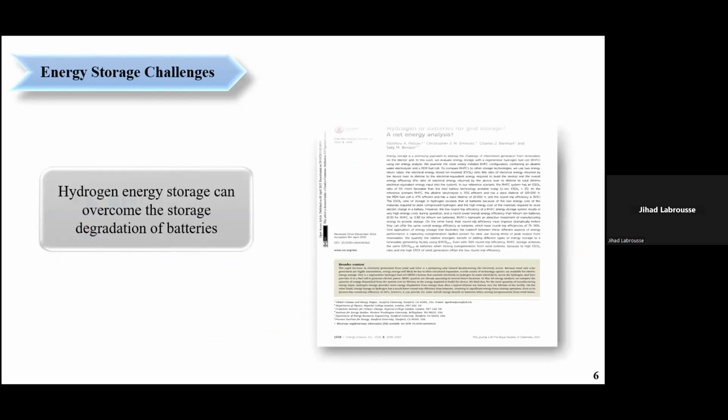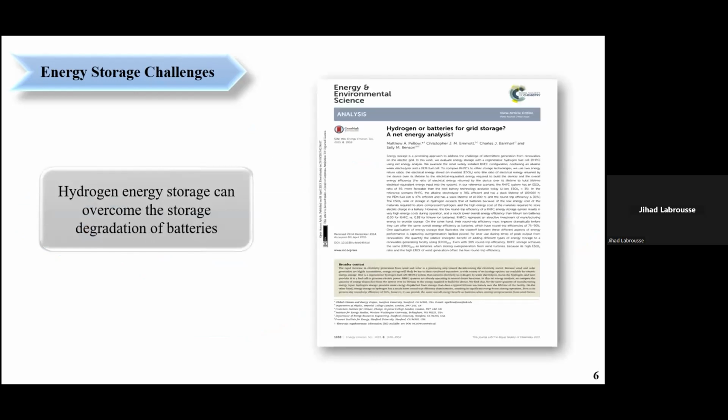We know that batteries are considered a good tank for energy, but batteries unfortunately suffer from storage degradation because they can only store a limited amount of energy, whereas hydrogen fuel can be stored for a long period of time and in quantities only limited by the size of the storage facilities.